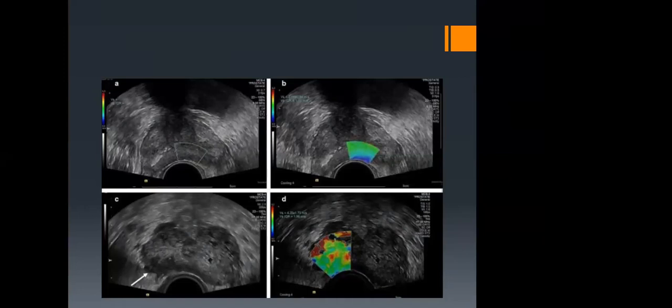You put your cursor for elastography, and this is the normal appearance. And then when you have lesions here, you see your capsule is obliterated, your prostate is enlarged with so many lesions, and when you put your elastography cursor, it is giving you different color densities.